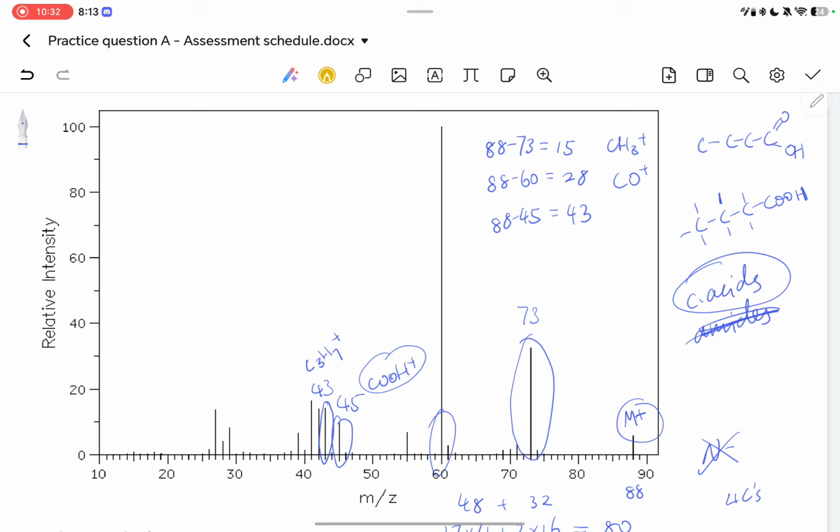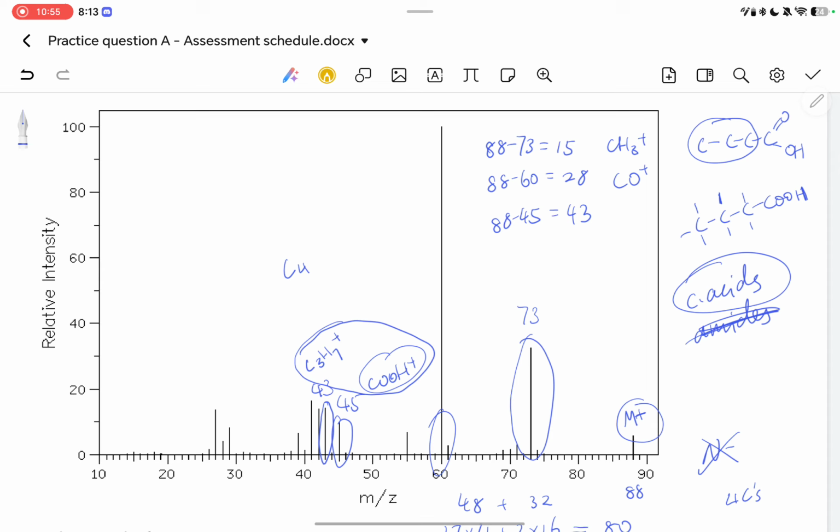C3H7 indicates the other part that is lost, the other fragment. And these two combined would help us identify that there are 4 carbons and it is a 4-carbon chain.